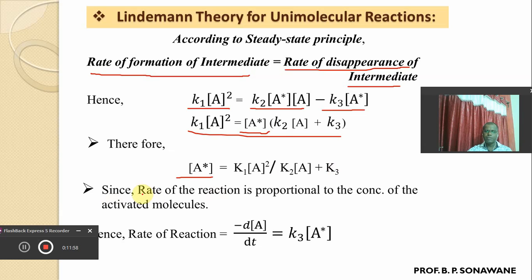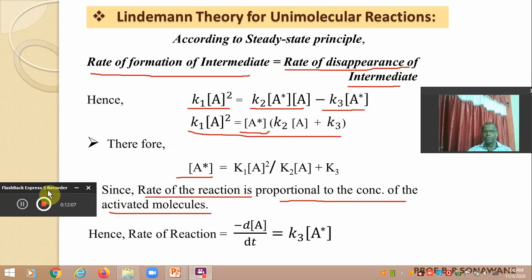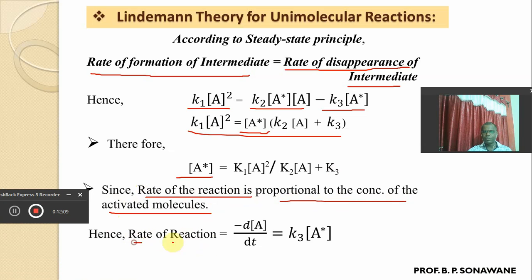Since the rate of reaction is proportional to the concentration of the activated molecule A star, the rate of reaction can be defined by the equation simply as minus dA by dt is equal to K3 into the concentration of activated molecule A star.